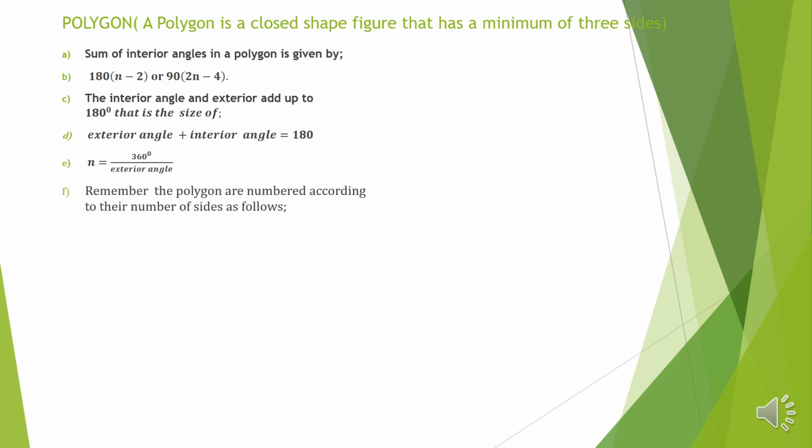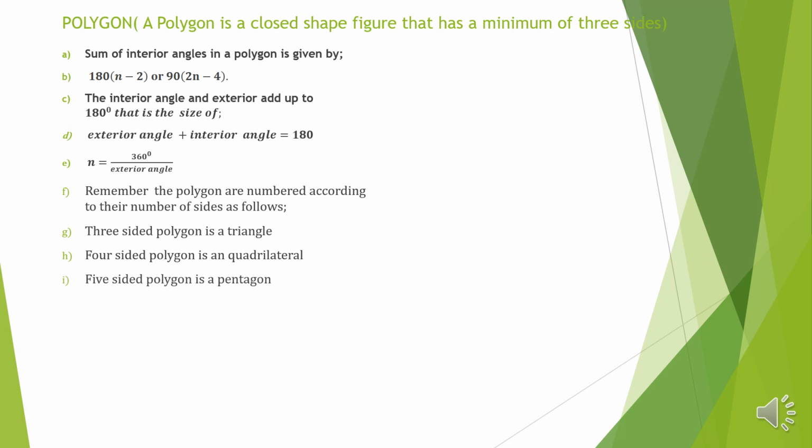Now, remember, polygons are named according to the number of sides they have. For example, if we have a polygon with 3 sides, then that polygon is a triangle. A 4-sided polygon is a quadrilateral. A 5-sided polygon is a pentagon. The 6-sided polygon is a hexagon.